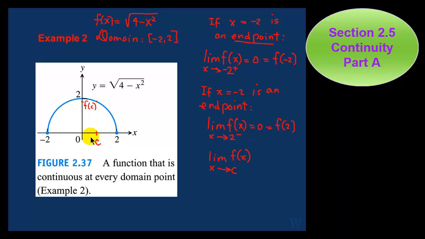Remember, if we're looking at an interior point, we have to find out whether the limit exists as x approaches c from both sides, and it's equal to f of c. In particular, what do you think is the value? Well, all I'll do is plug in and say it's the square root of 4 minus c squared. That is the limit of f of x as x approaches c at an interior point.